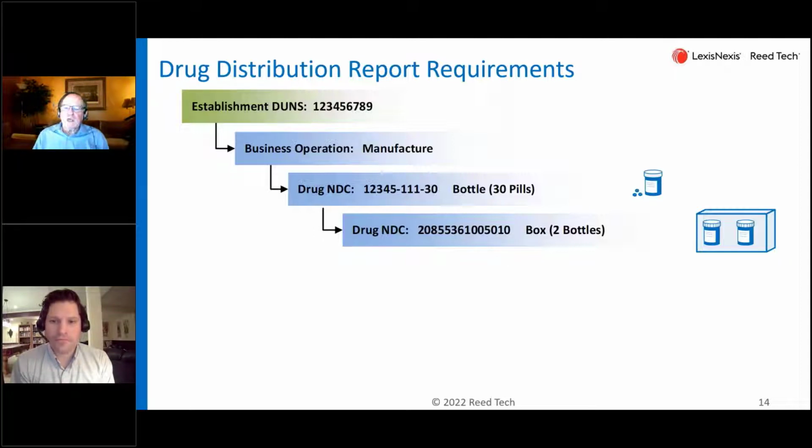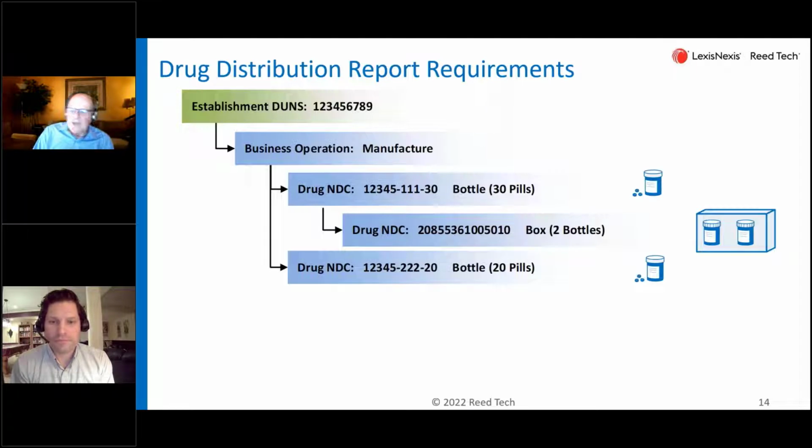Now, in addition to that 111 product, I also might have at that very establishment, for that very same business operation, another product that's my 222 product. And in this particular case, I have 20 pills in that bottle. Let's say I don't have a package hierarchy, and that's the actual commercial distributed product level.